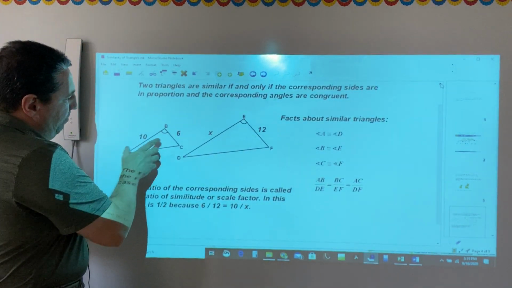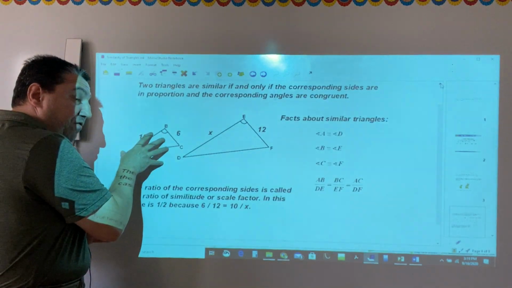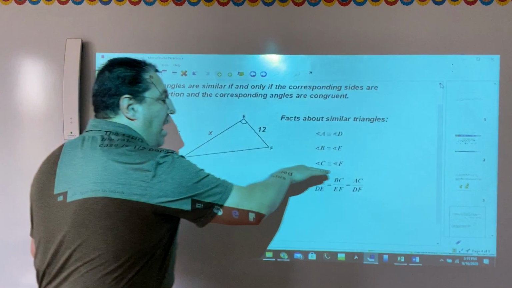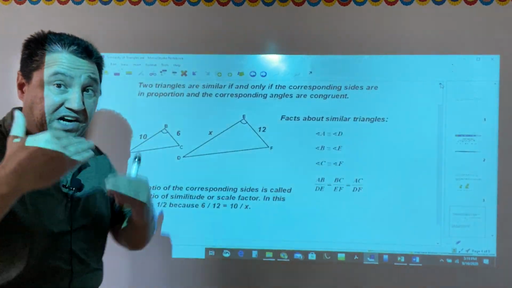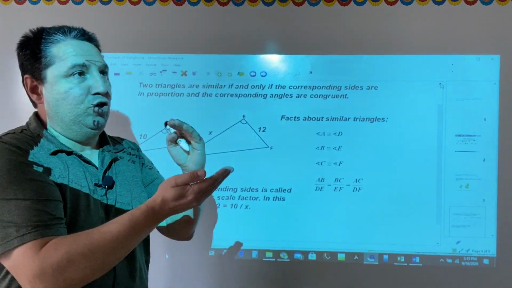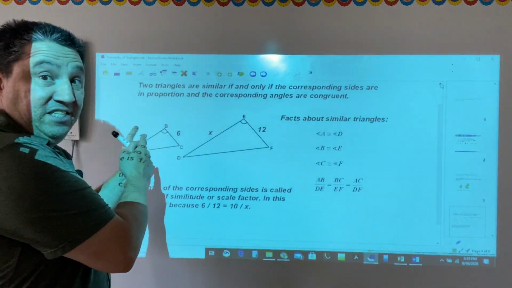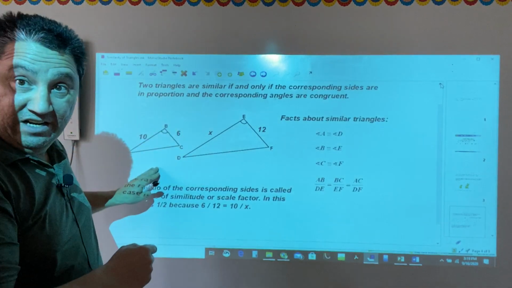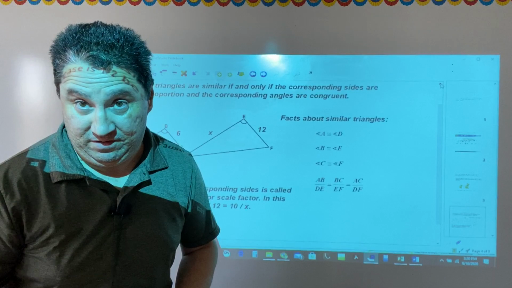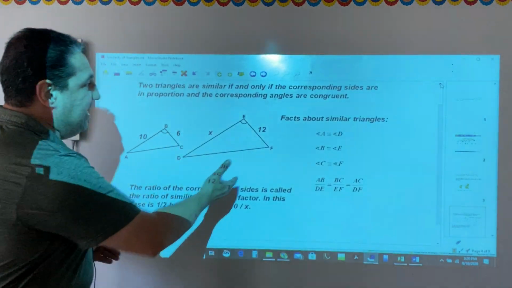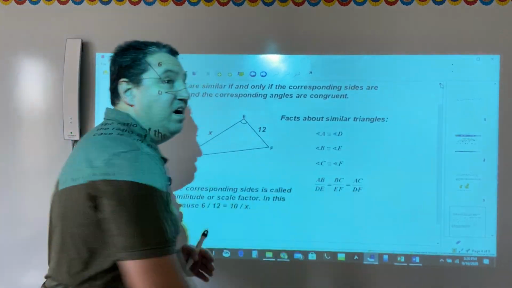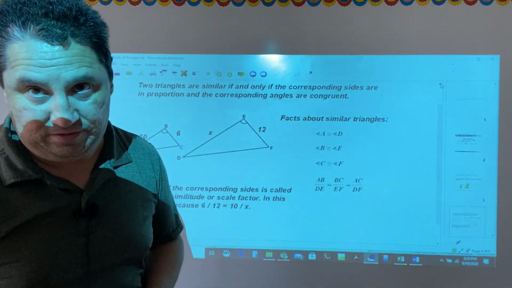Because this triangle is the first triangle, all its sides would be on top of the ratios. Remember, a ratio is a fraction, has a numerator and a denominator. The sides of the first triangle must be on top of the fractions. The sides of the second triangle must be in the bottom of the fractions.